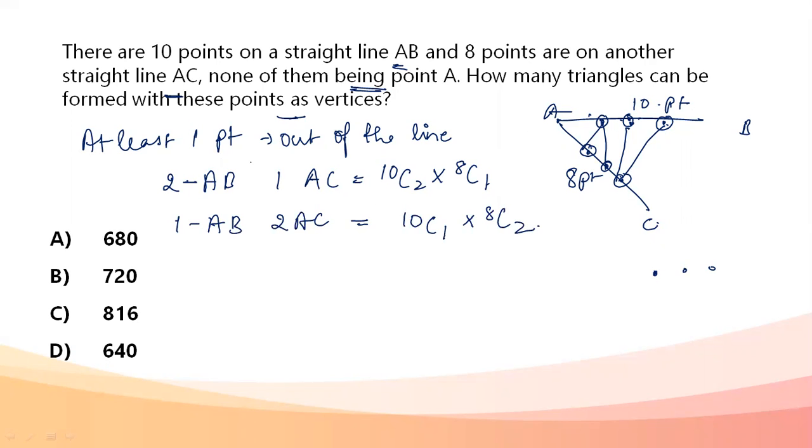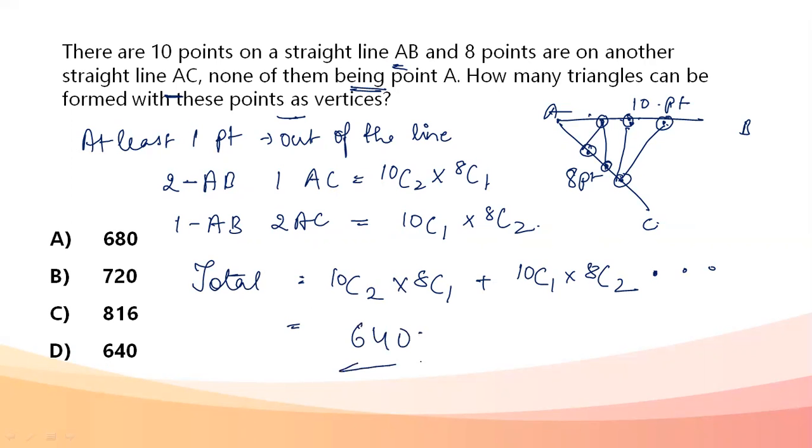Total number of cases becomes 10C2 into 8C1 plus 10C1 into 8C2. When we do the multiplication and add, this becomes 360 plus 280. Total answer comes out to be 640. Answer is option D, 640.